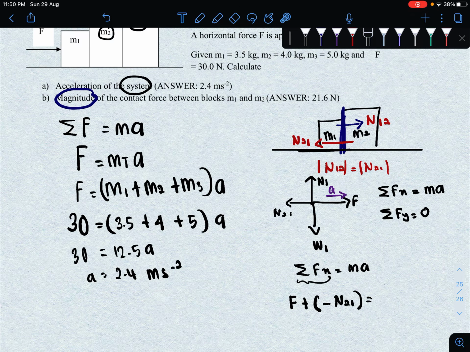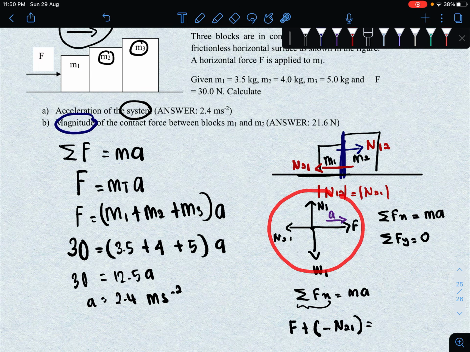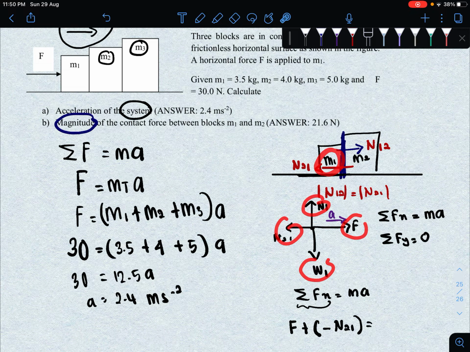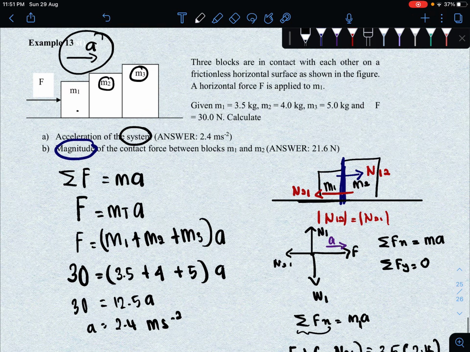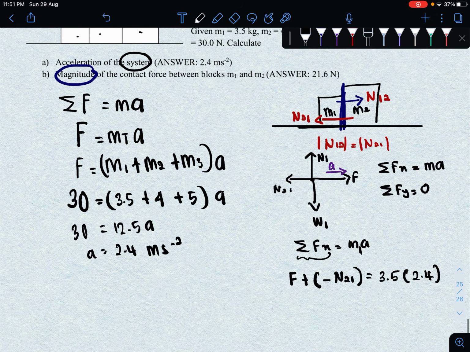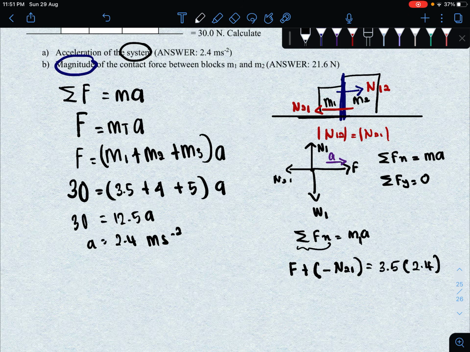Okay, mass kita dekat sini adalah, this is the free body diagram ataupun we are only talking about forces acting on object 1 sahaja. So the mass here should be belongs to object 1 sahaja, which is 3.5. Ini kena jadi mass of object 1 sahaja. Dengan acceleration yang sama. All these three objects are going to move with the same acceleration, which is 2.4.